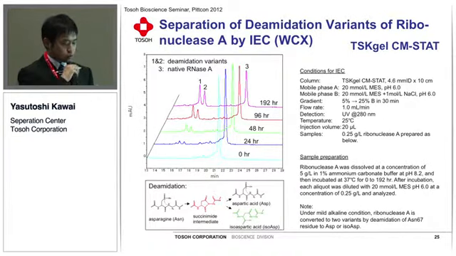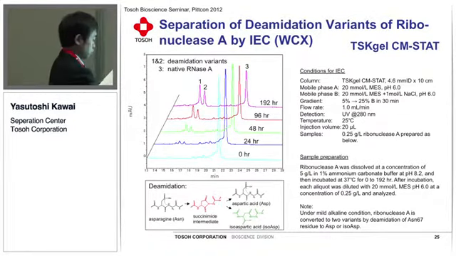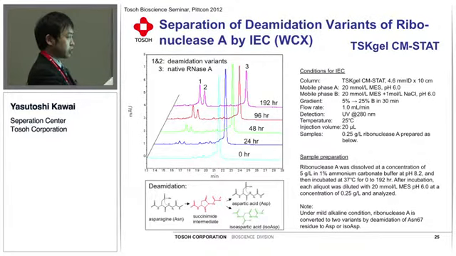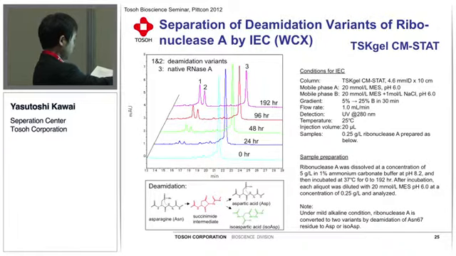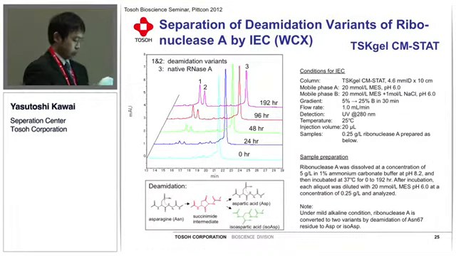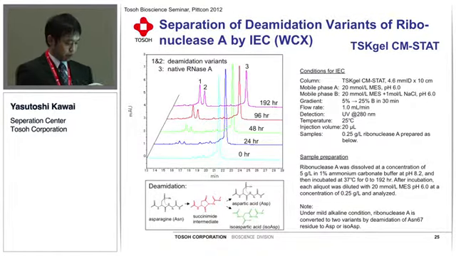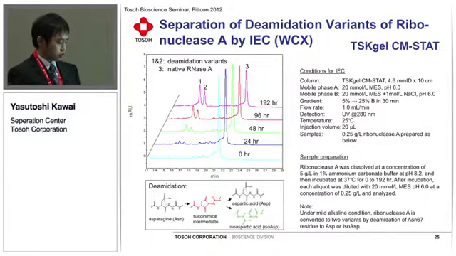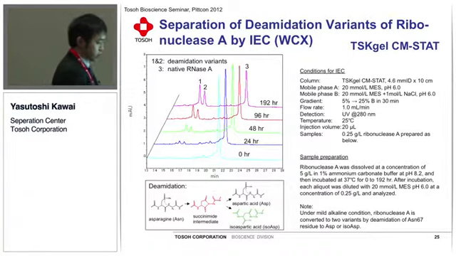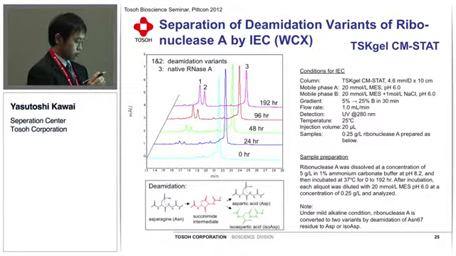As the isomerization proceeded, the intact form, peak number 3, decreased, and the two peaks of deamidation variants, peak 1 and peak 2, increased. Aspartic acid and isoaspartic acid are negatively charged, although asparagine is electrically neutral. Therefore, deamidation variants are eluted earlier than the intact form.